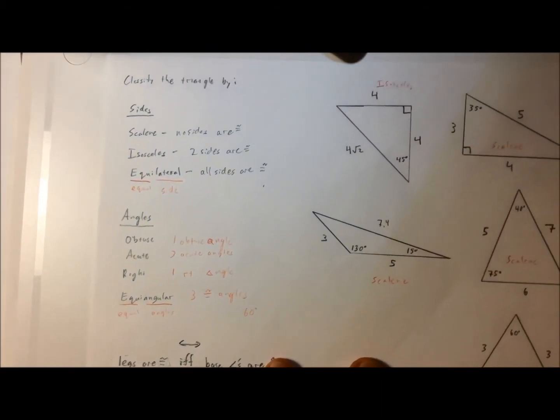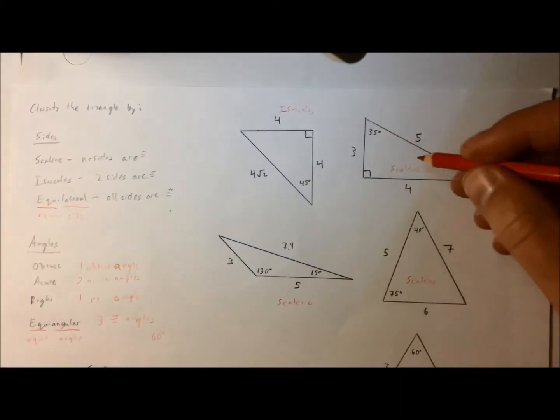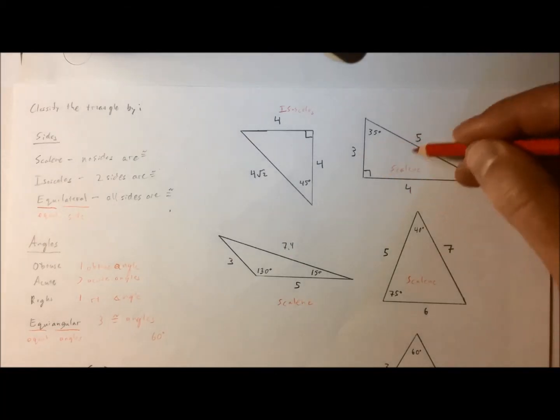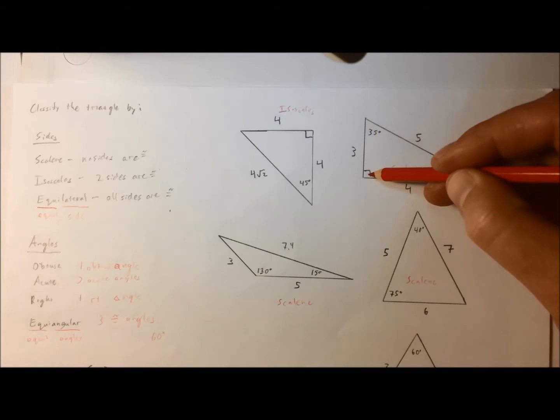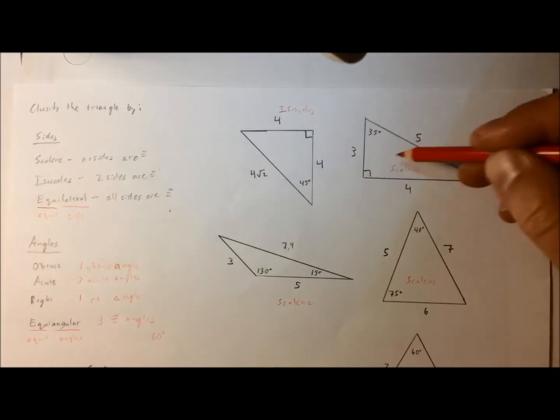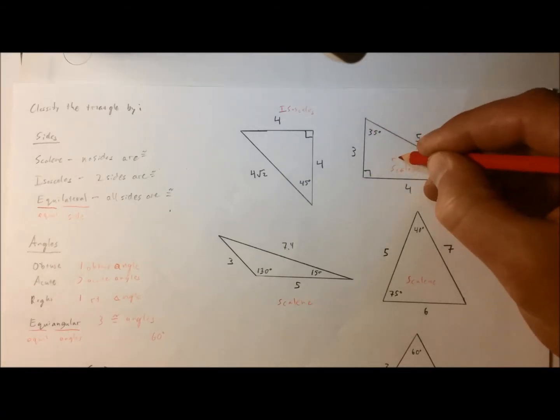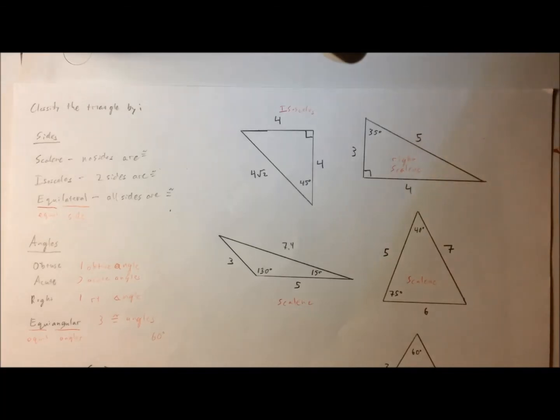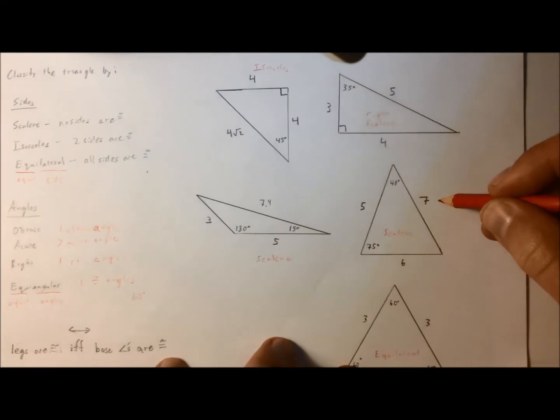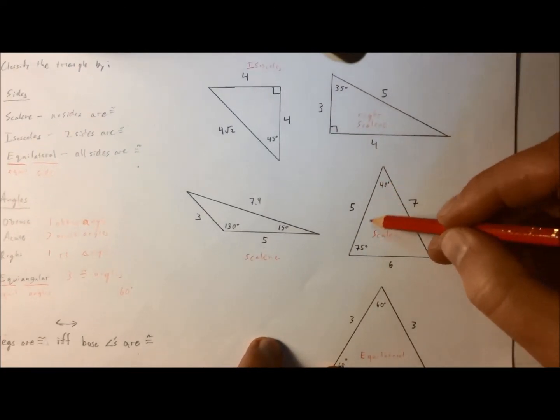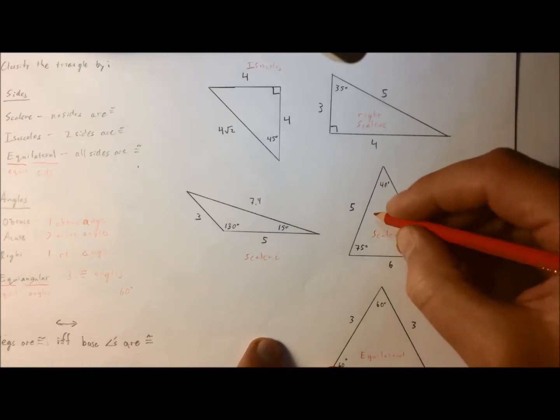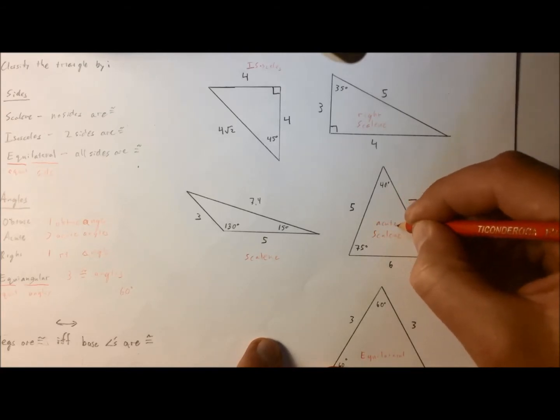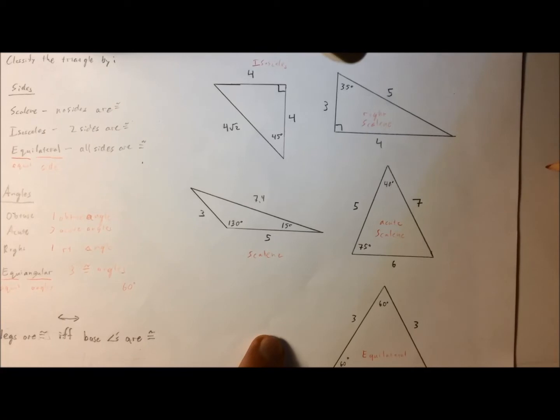So if we continue classifying these triangles here, this one right here, well, this one's 35 degrees, this one's 90 degrees. That's acute, but it's got one right angle here, so it's going to be a right scalene triangle. This one down here, it's got 40 degrees, that's 75 degrees. That actually is also going to be an acute angle, so this is going to be an acute scalene triangle.